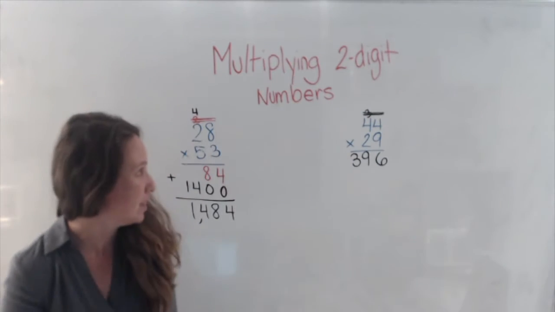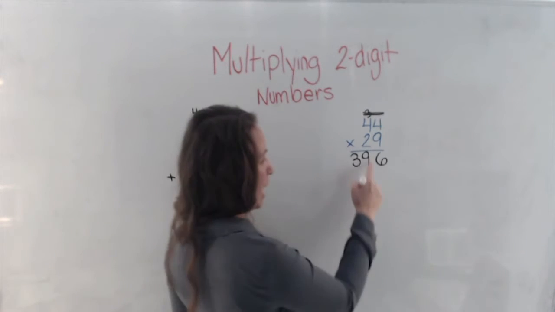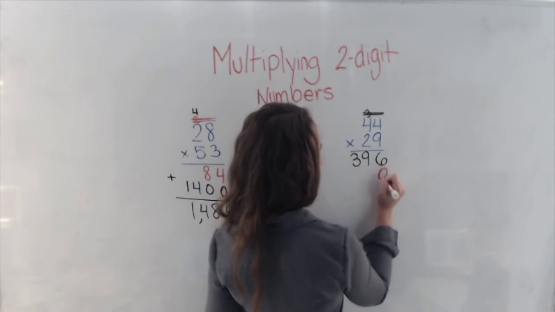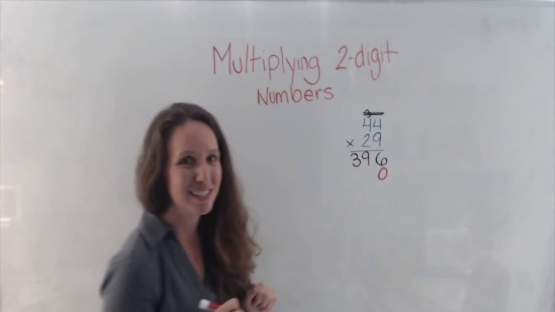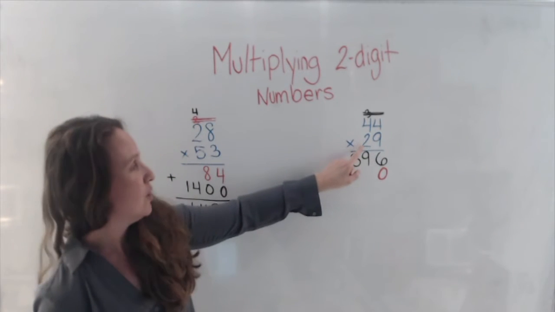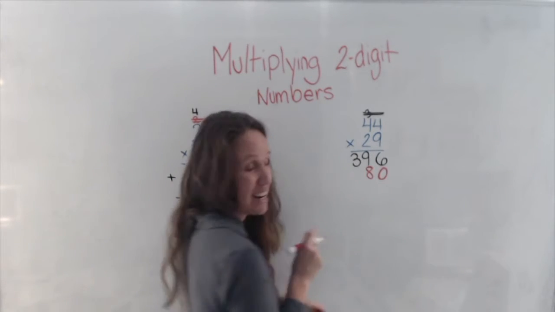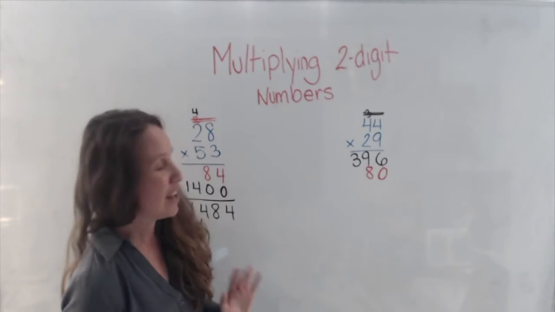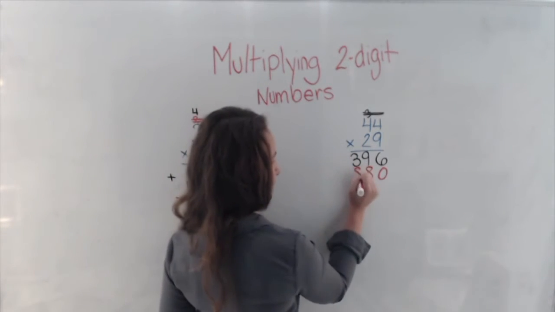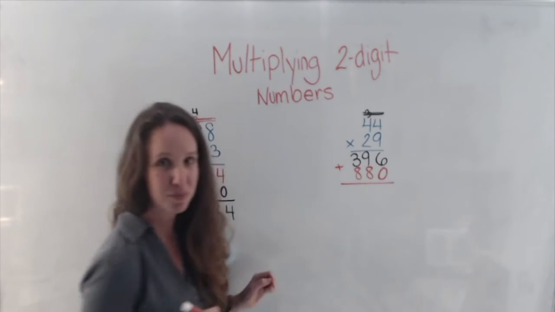Now, let's do my tens column. Remember, I need to say I'm working in my tens, not my ones, so I have to put some type of placeholder. So I'm going to put a 0 there. Now, I'm doing my tens. 2 times 4 is 8, and I had nothing to carry. I had no regrouping. And then I'm going to add those two together.